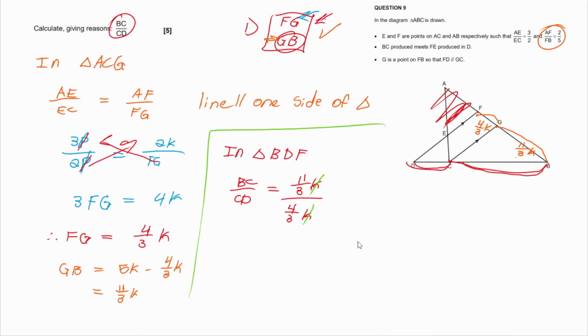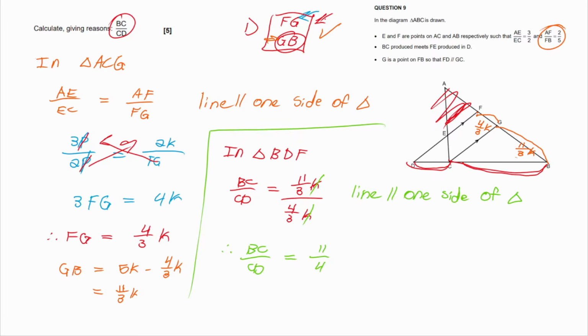Therefore BC over CD is equal to 11 over 4. What I should have said here is line parallel one side of triangle. I always forget this reason.